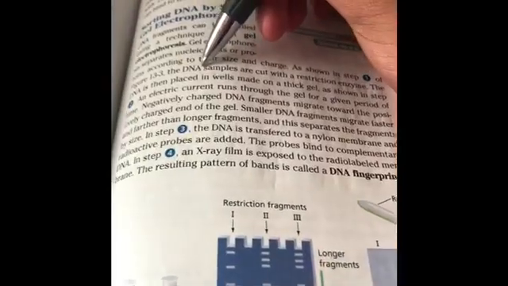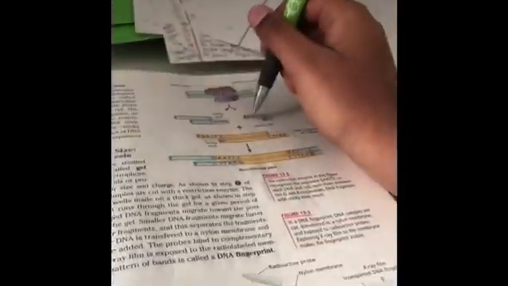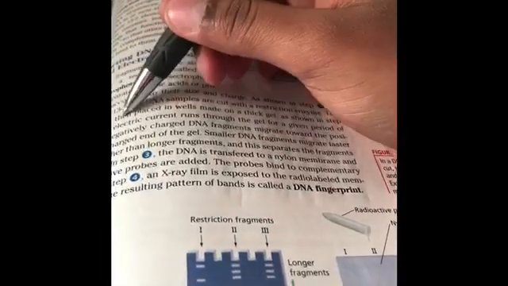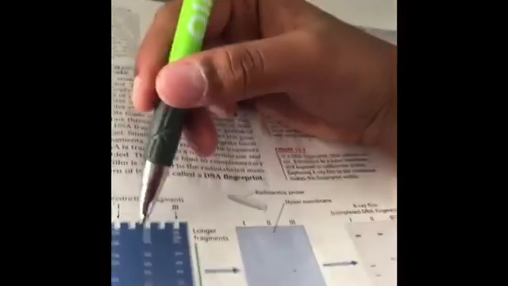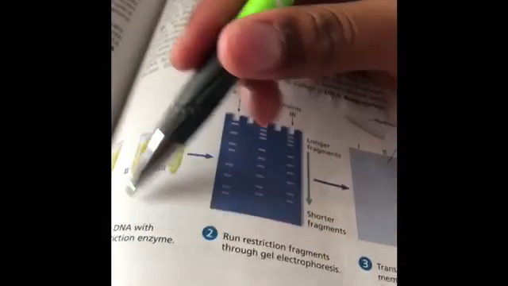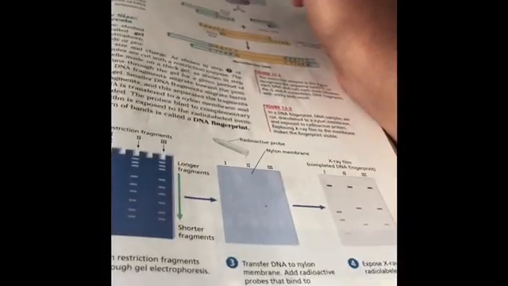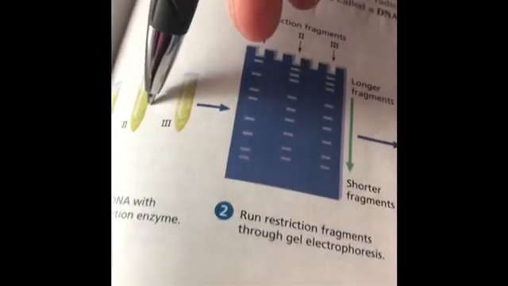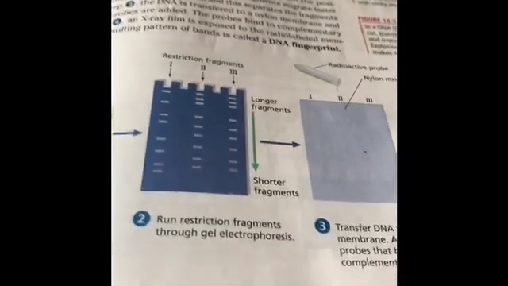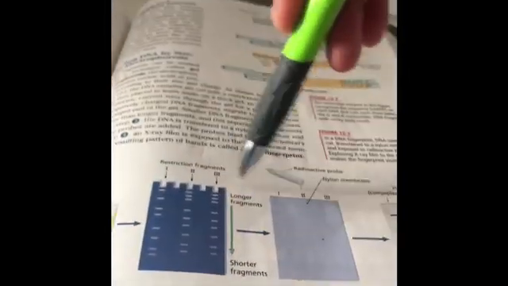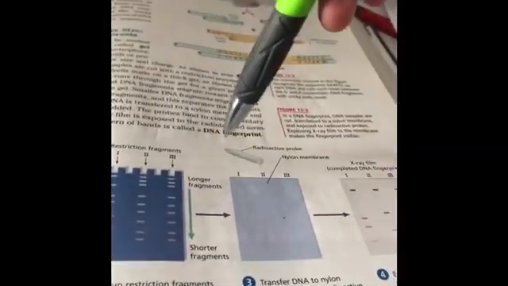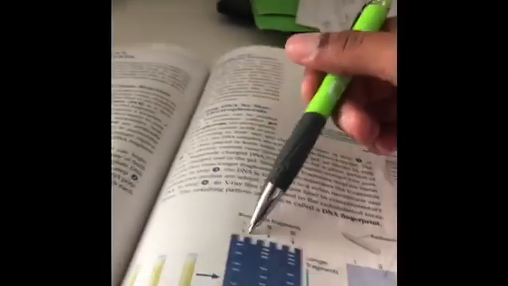Step 1 shows that the DNA samples are cut with a restriction enzyme, like what happened there. The DNA is then placed in wells made of a thick gel, as shown in step 2. So the DNA is cut with those restriction enzymes, then placed in wells made of a thick gel. So this is a thick gel.